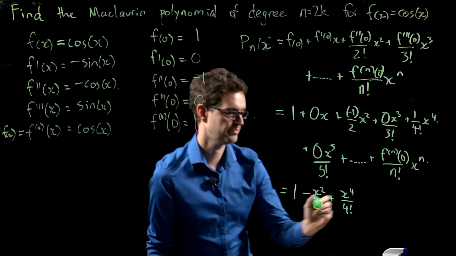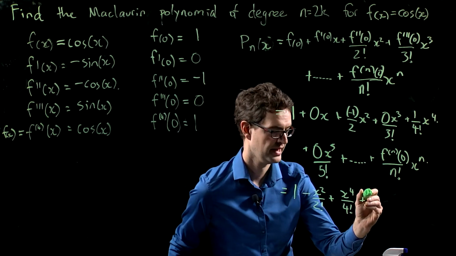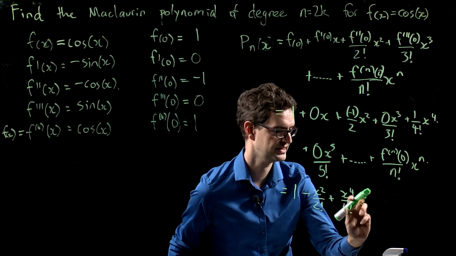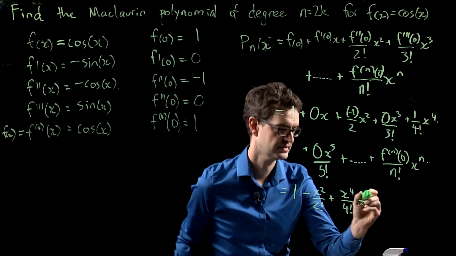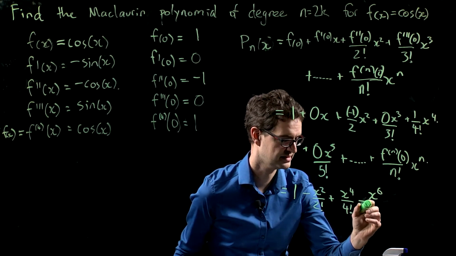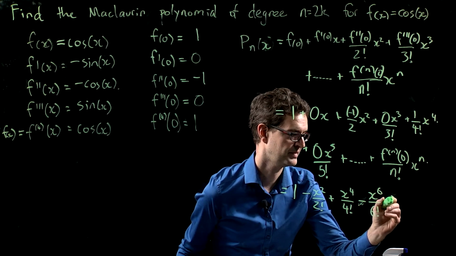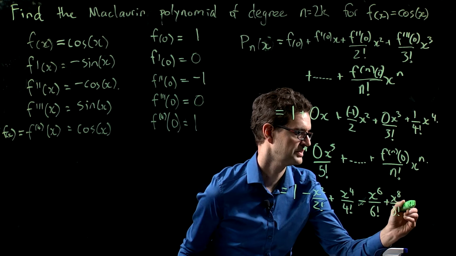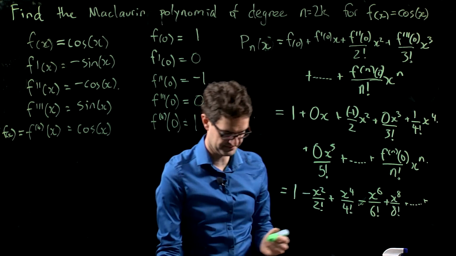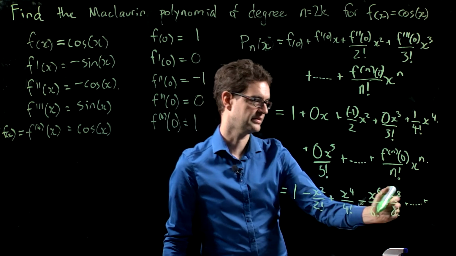Maybe you can start to see the pattern. Actually, the fifth term disappears, but the power of 6 term here ends up having a negative sign in front of it because of this sequence here. And I've got x to the 6 divided by 6 factorial. The next term would be x to the 8 over 8 factorial plus dot, dot, dot. And then I'm left with this term here.